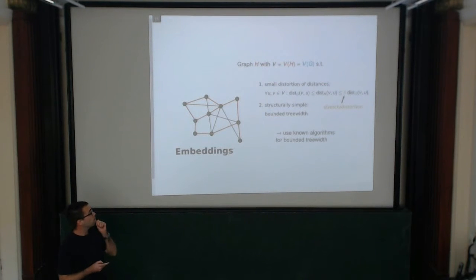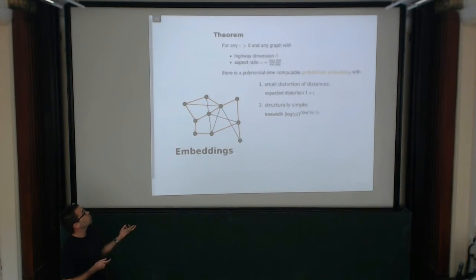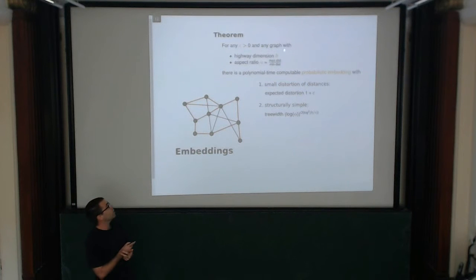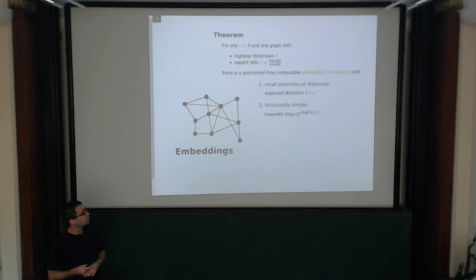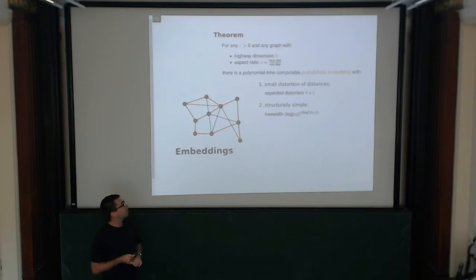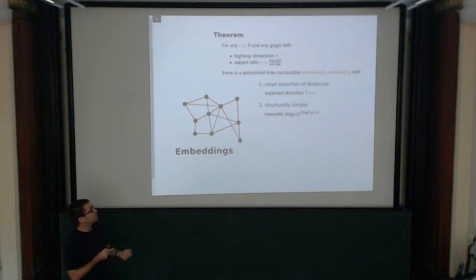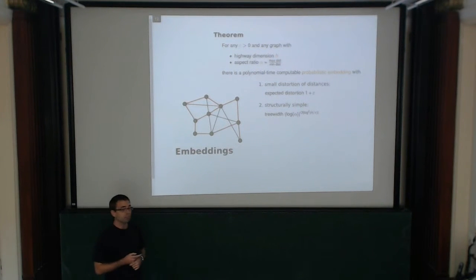OK, so here's our main result then. If we are given a graph of highway dimension h, and it has aspect ratio alpha, OK, so the aspect ratio is the ratio between the maximum distance in the graph between any two vertices and the minimum distance of any two vertices. And now we get a probabilistic embedding that has expected distortion 1+ε, so you can make it arbitrarily small.